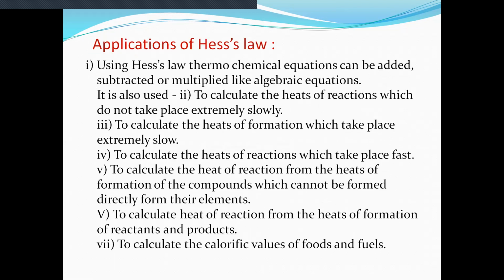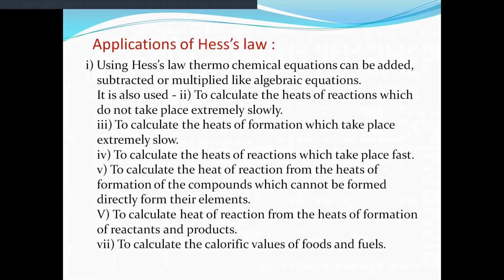Thermodynamics first. So what have we seen from the first lecture? We have seen the different terms which are used in thermodynamics: system, surrounding, then open system, closed system, isolated system, homogeneous system, and heterogeneous system.